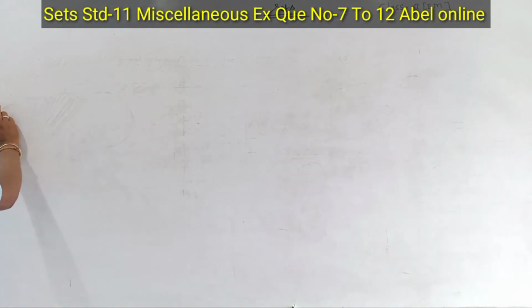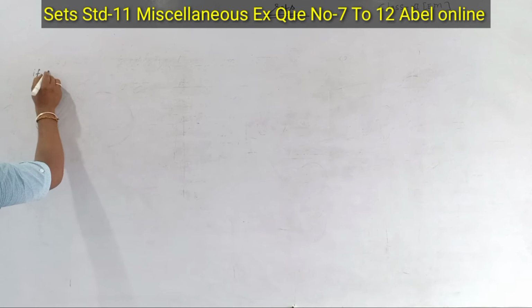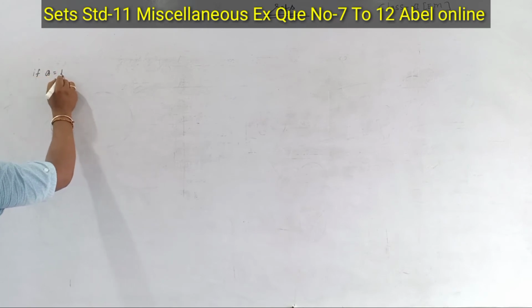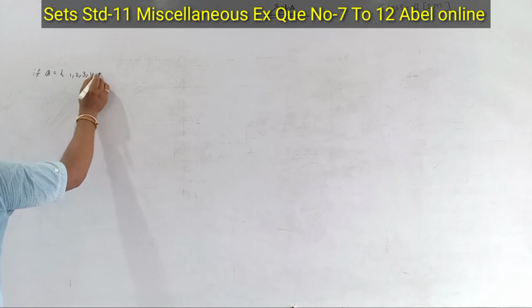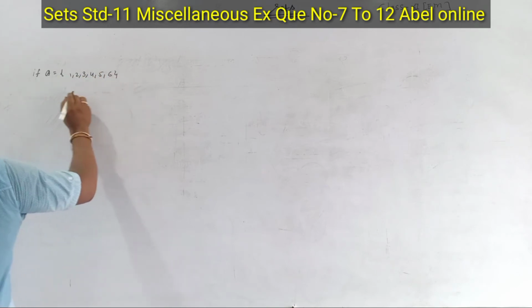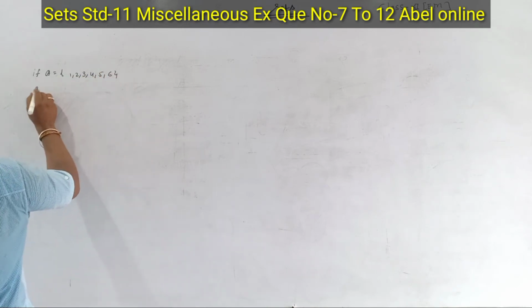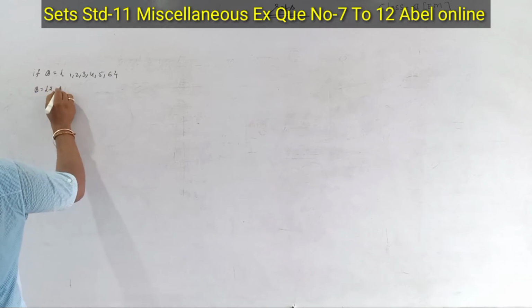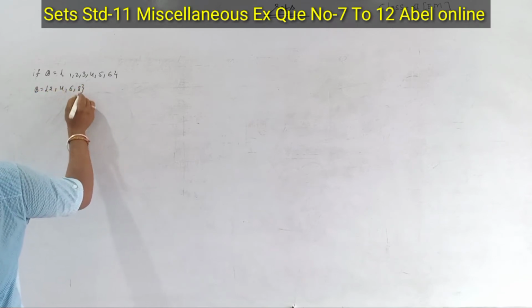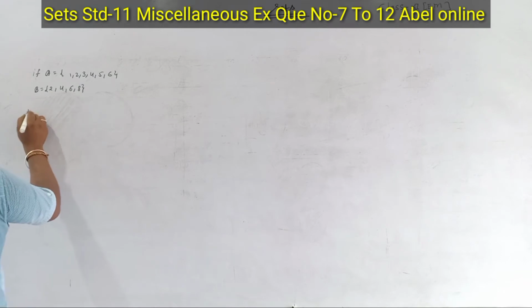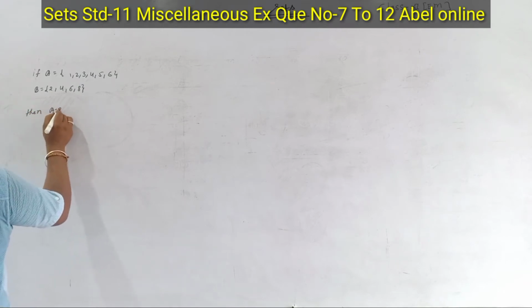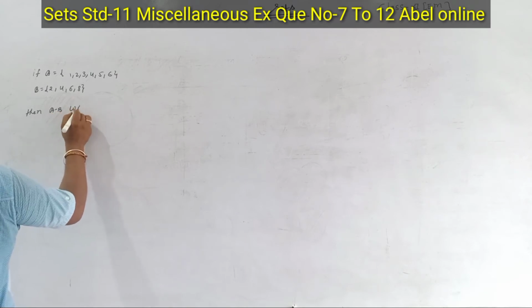Okay, now question number 11. If A equals 1 2 3 4 5 6, B equals 2 4 6 8, then A minus B will be?